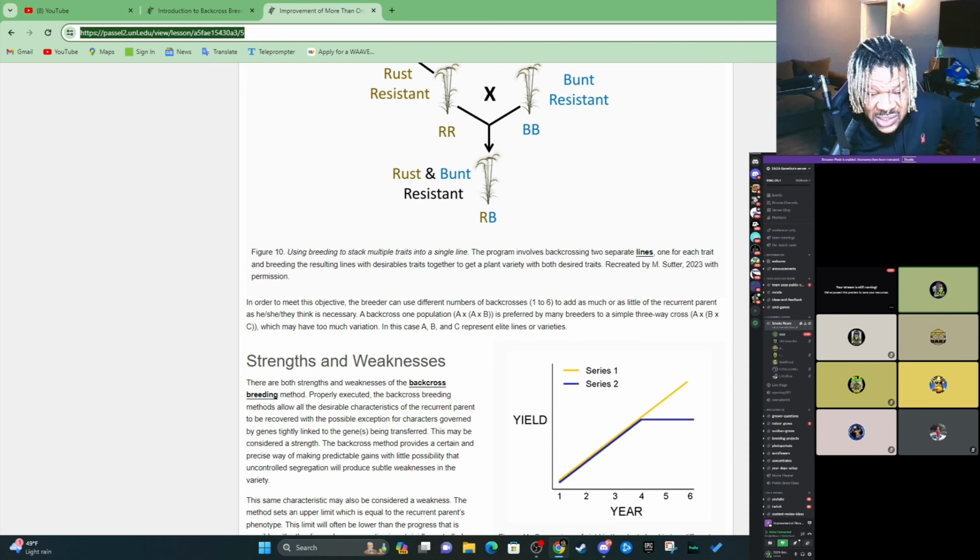The backcross method provides a certain and precise way of making predictable gains, with little possibility that uncontrolled segregation will produce subtle weaknesses in the variety.